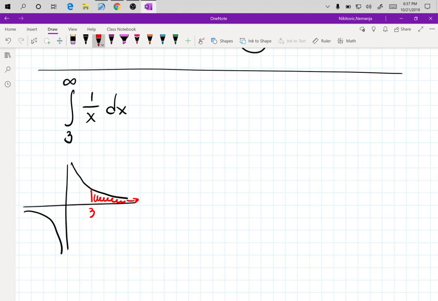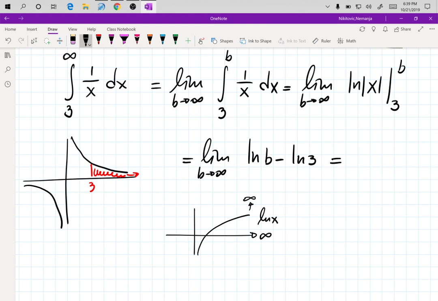And now you have ln b that goes to infinity. If you take a look at the ln graph, that's ln x. What happens as x goes to infinity? You see that it climbs up to infinity, right? The limit is the y value of the x that you are looking at.